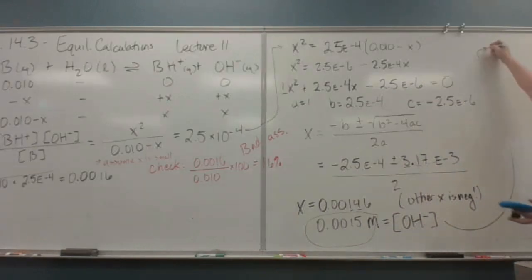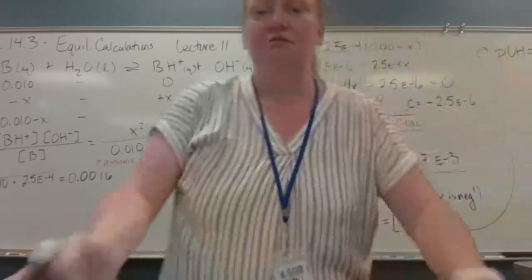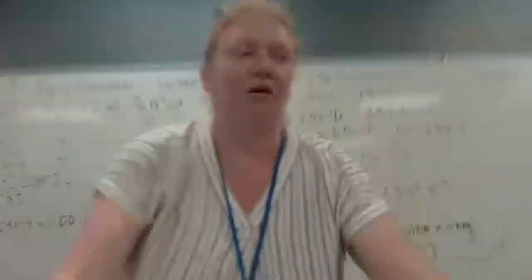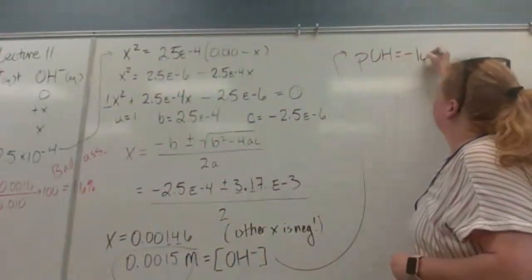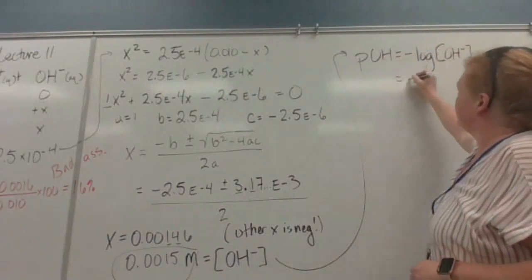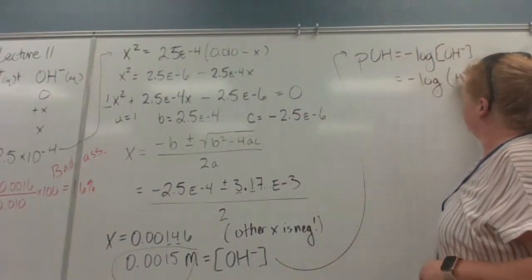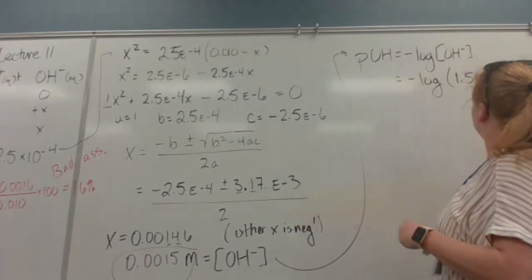So pOH first, because I think this is the easiest way to solve it. pOH is negative log of hydroxide. So that's negative log of 1.5 times 10 to the negative third.